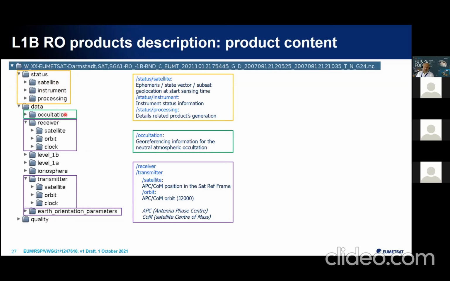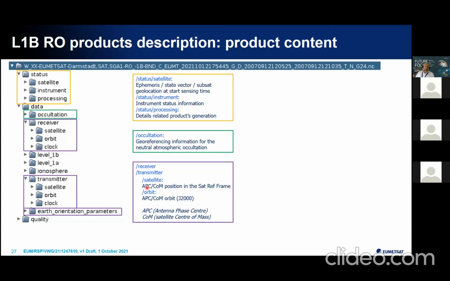This data section contains an occultation group, which is used to store the georeferencing information for the neutral atmospheric occultation, which is georeferenced where the straight line connecting the two satellites is tangent to the WGS84 ellipsoid. Then we have two other subgroups, receiver and transmitter, which are used to store the original orbits and clock of the receiver and the transmitter.